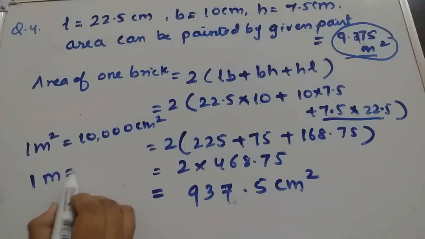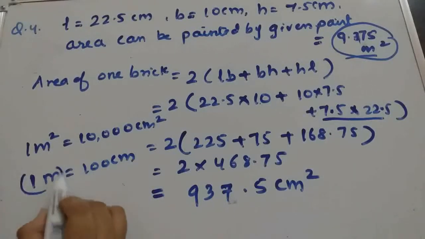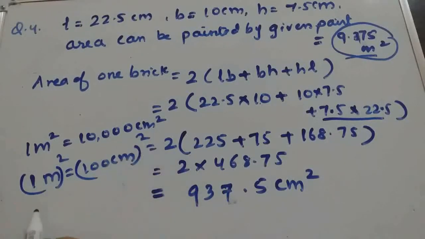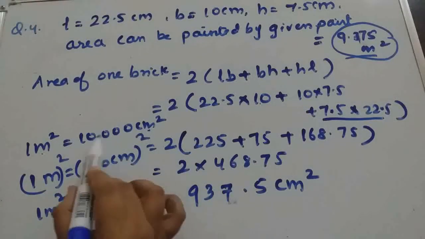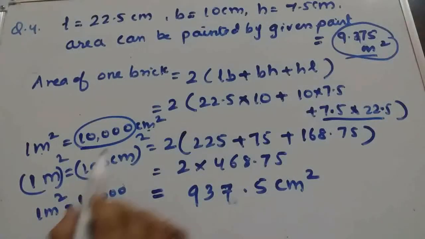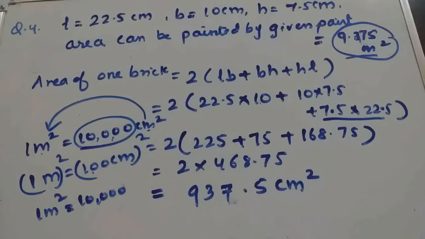Since we know 1 meter is 100 centimeter, but we want square, so we will square both sides. So 1 square means 1 meter square and 100 square means 10,000. So to convert meter square into centimeter square, we multiply with 10,000. To convert centimeter square into meter square, we divide by 10,000.